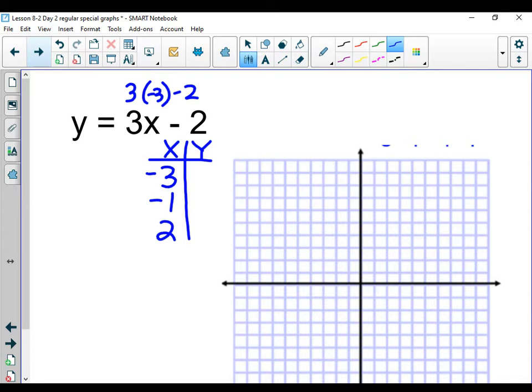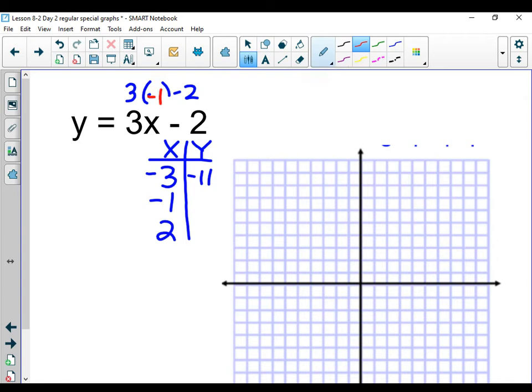Drake, 3 times -3. 9 or -9. Minus 2 more. -7. Minus 2 more. Oh, -11. Same thing, repeat again. X is popping out, Savannah popped in, -1.